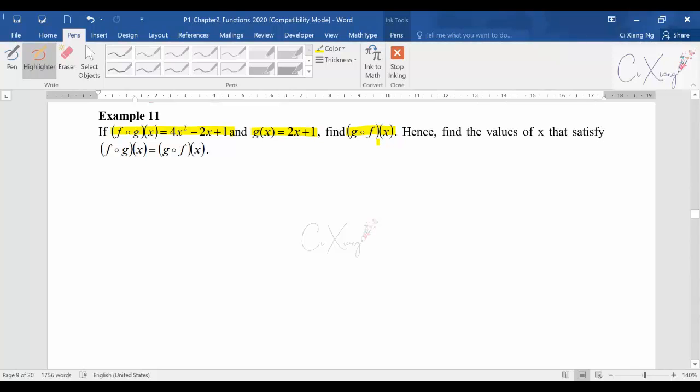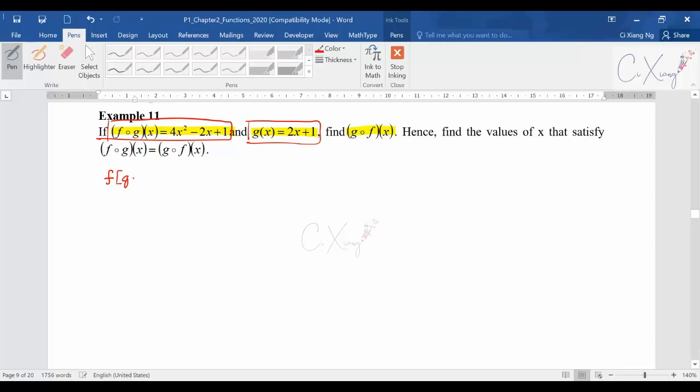So if they want you to find the function, generally you need to find f(x) first. Then after that only you can find the composite function. So by looking at this information, and also this one, how can I use this new information to find f(x)? Okay, so let us start now.